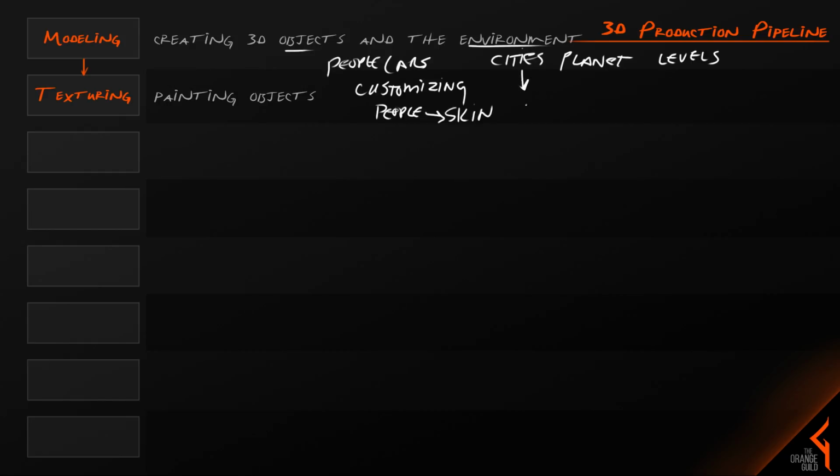For cities, you know, part of the city would be the signs. And so we're going to have signs that have specific looks to them, stop signs and yield signs and things like that, road signs. And those are all going to have specific textures painted for those. Planet, we would have, you know, continents, clouds. And this would be obviously from a distance that we're painting those and things like that.